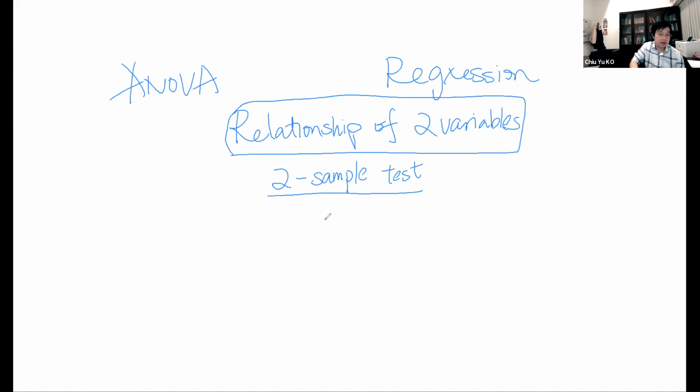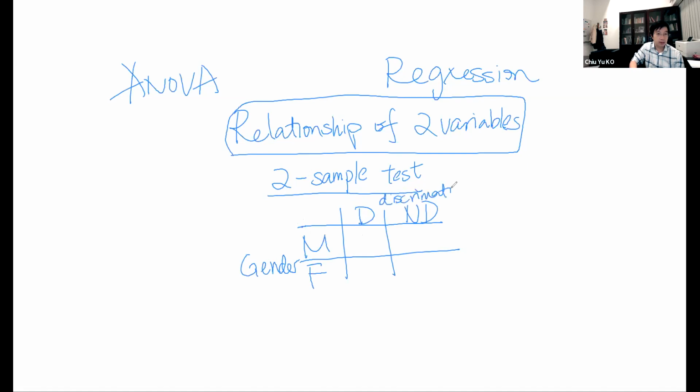Why? Suppose, remember, look at, say, the quiz, right? We have discrimination and no discrimination among male and female, right? It's a sample proportion, right? And it's a variable within gender, and discrimination. So here we have two categorical variables. Either you're male or female, you think there's a discrimination or there's no discrimination, right?